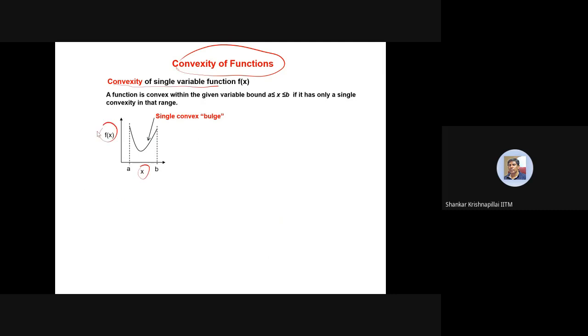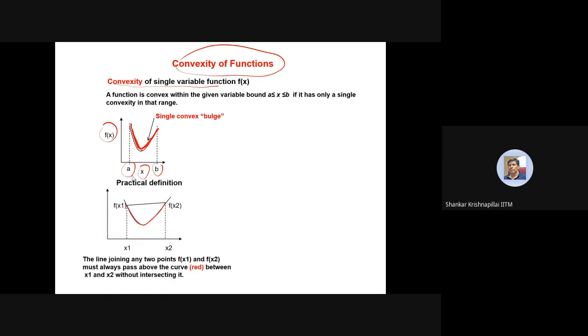A function is convex in the range A to B if there is only one convex bulge in that region, or only one minimum between A and B. That is the meaning of convexity of the objective function within the range A to B. So what is the practical definition of this convexity? Instead of saying it should have only one minimum, there is a more practical definition.